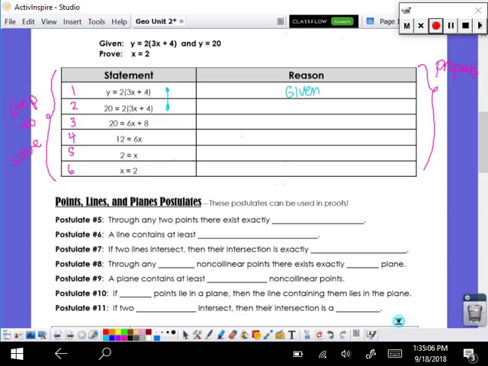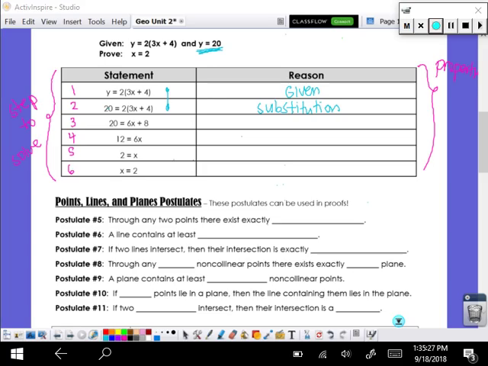To get from 1 to 2, I see the y turn into a 20, but everything else is the same. So why did y turn into 20? Oh yeah, I remember y equals 20, so I used the substitution property to plug the 20 into my equation.